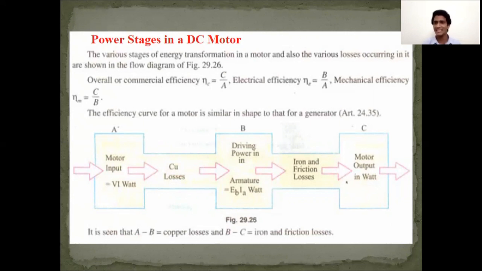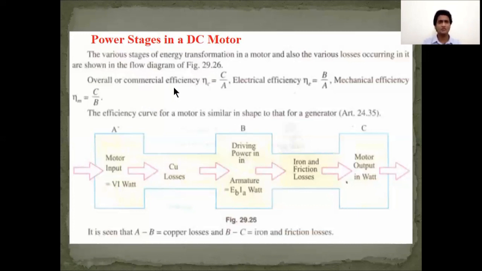Both hysteresis and eddy current loss occur when my armature core is rotating in the magnetic field. Now my armature starts rotating in the magnetic field, so obviously there will be iron loss. So after armature power is developed, there will be iron and friction loss occurring. After this iron and mechanical loss, we get the motor output at the shaft. So motor output is also called shaft output. Okay, hope it is clear for you.